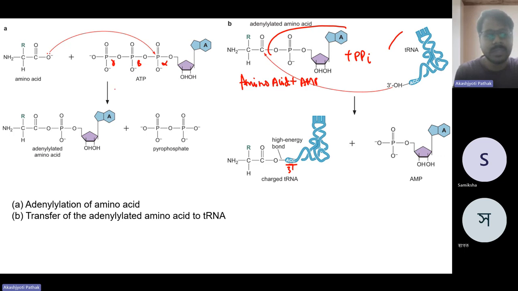So the pyrophosphate that is released is broken down, and the energy released is used for attaching this amino acid to the tRNA molecule, and the AMP molecule is then released. So this is the overall reaction which takes place for attaching an amino acid to its particular tRNA, and this entire process is catalyzed by the enzyme amino acid tRNA synthetase.